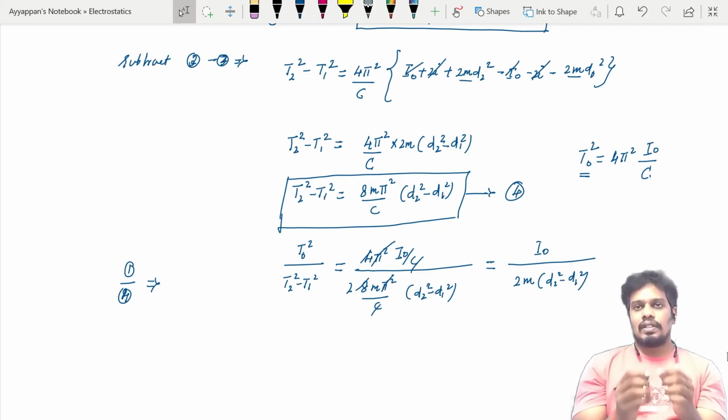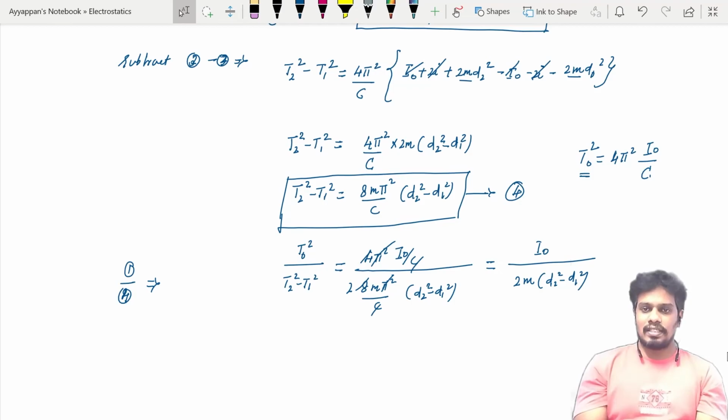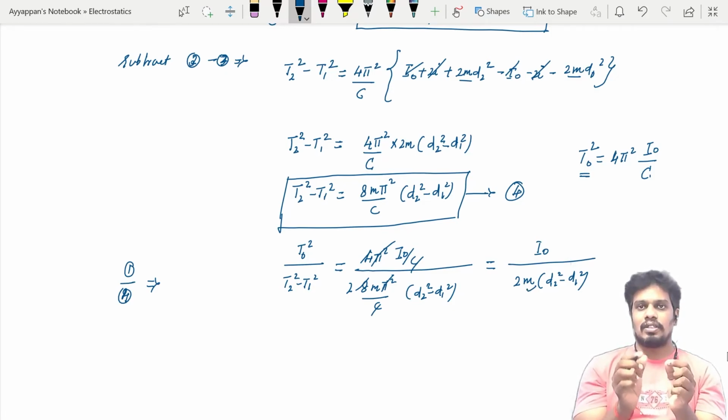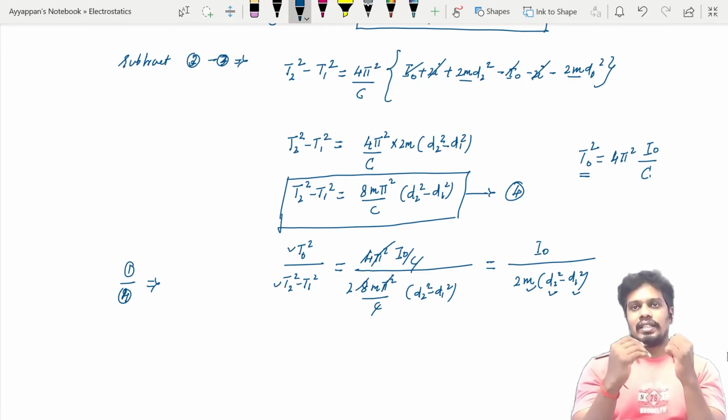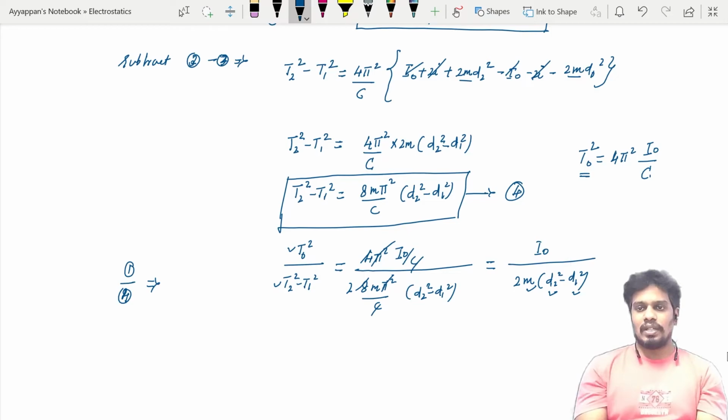We want to calculate I naught, the moment of inertia of the disk, because all other quantities we know. The mass of the small masses we can measure using the weight balance. The distance you can measure using a meter scale. The time period of oscillation we can calculate using the tabular column or stopwatch. The only unknown value is I naught.